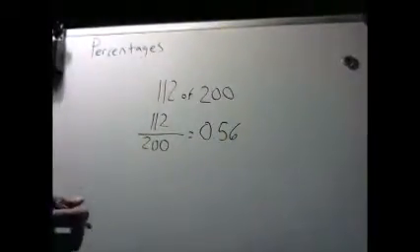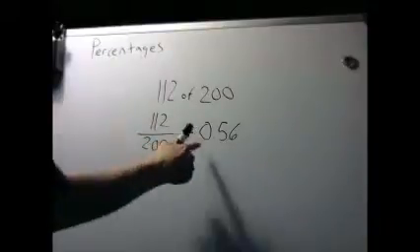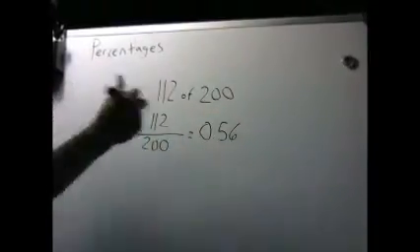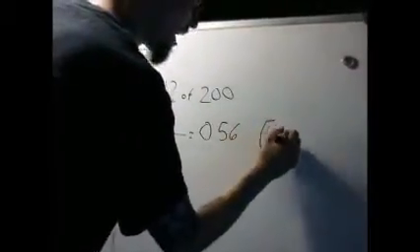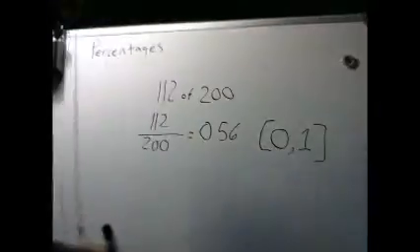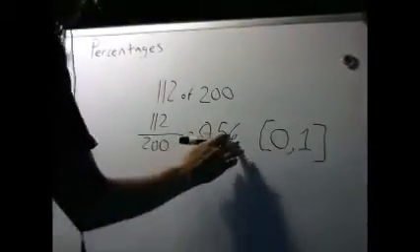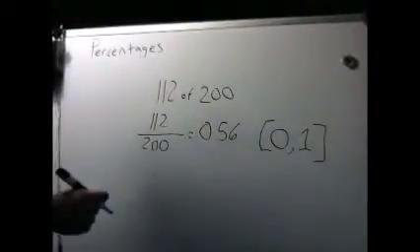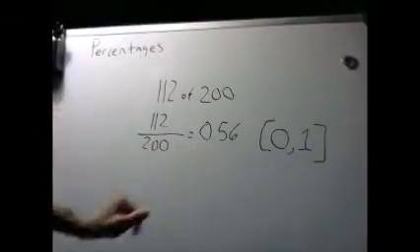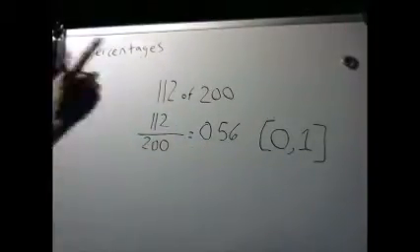We divide these out, we get 0.56. Now, this is not a percent, but it is in a form that we can convert into a percent. Because remember, they have to be between 0 and the whole number 1. And 0.56 falls in that range. Therefore, we can quite simply convert this into a percent. Now, how do we do that? We recognize that percentages, unlike 0 and 1, is going to be 0 and 100%.